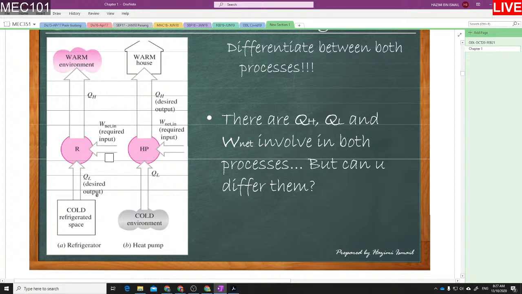So that is why your refrigerator in your house, and the air conditioner in your house or in your car, need energy. In the house, the energy we need is in the form of electrical energy.